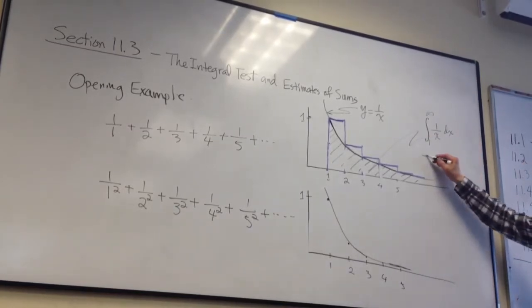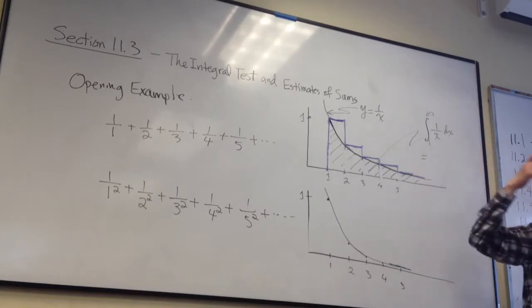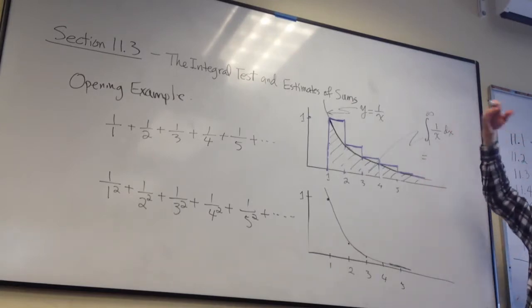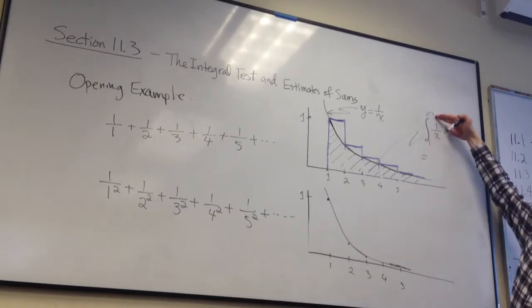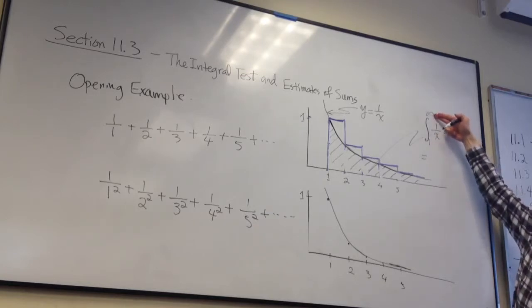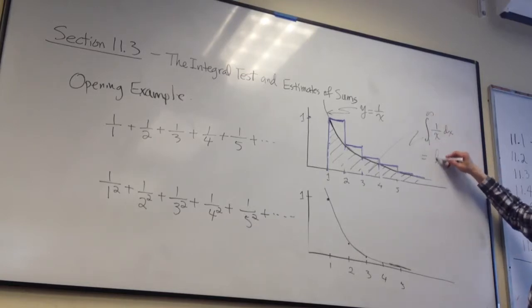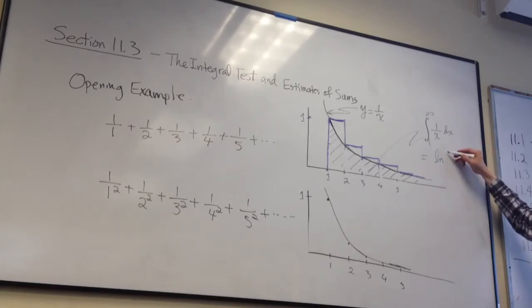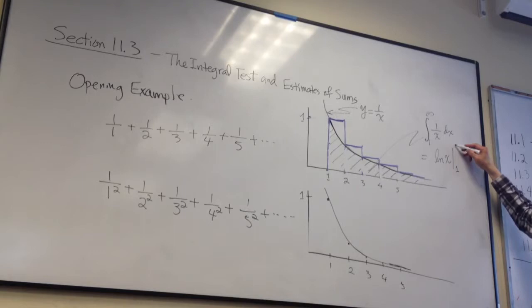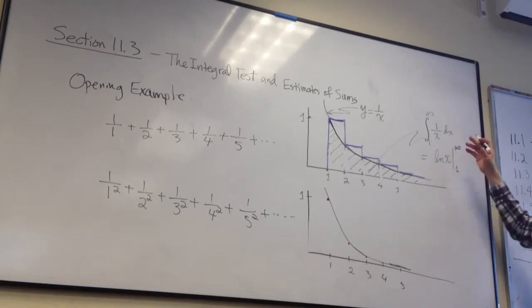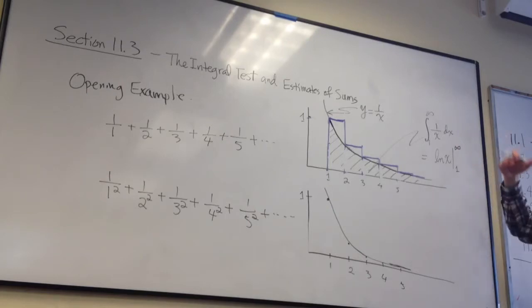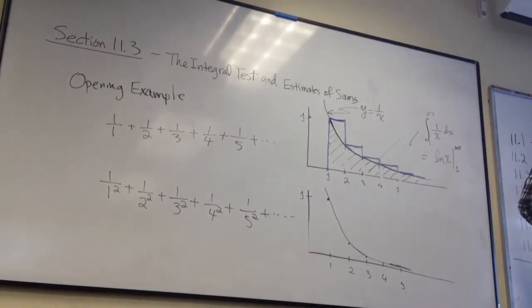And you recall how formally this is supposed to be. This is 1 to capital L, right? And then you take ln x, evaluate at L and at 1, and then you get ln L minus ln 1. ln 1 is 0, so ln L. And then you let L, the right integration limit, approach infinity.